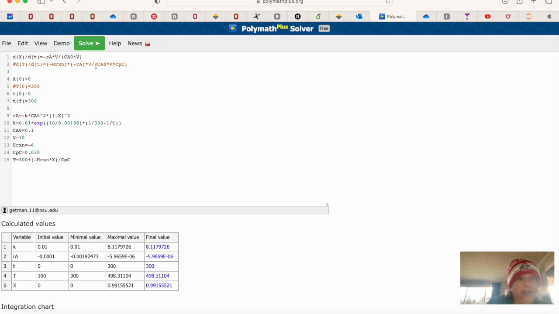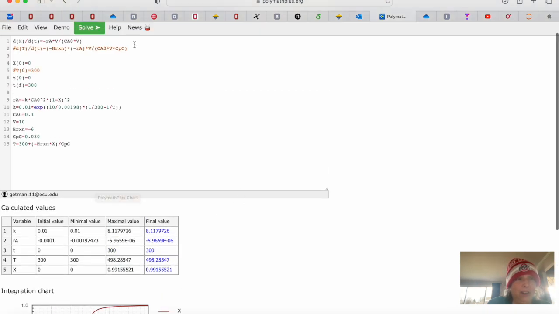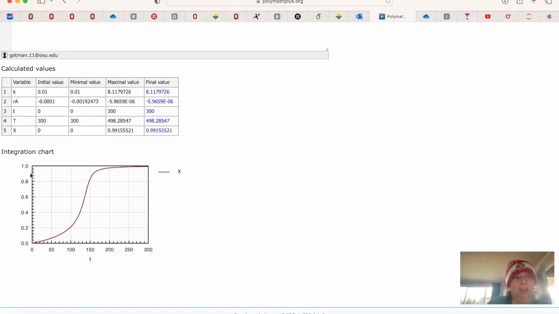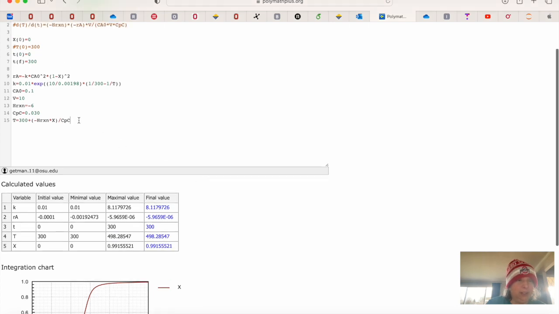So now we should be able to just solve this. Now we get our plot of X because we no longer have a differential equation in terms of T, so Polymath doesn't plot that. So we can just get our plot of X versus t. And then we can look up our final temperature here, which we find to be approximately the same answer, 498.3. And this is using this explicit function for temperature, which we can use because this is an adiabatic reactor.